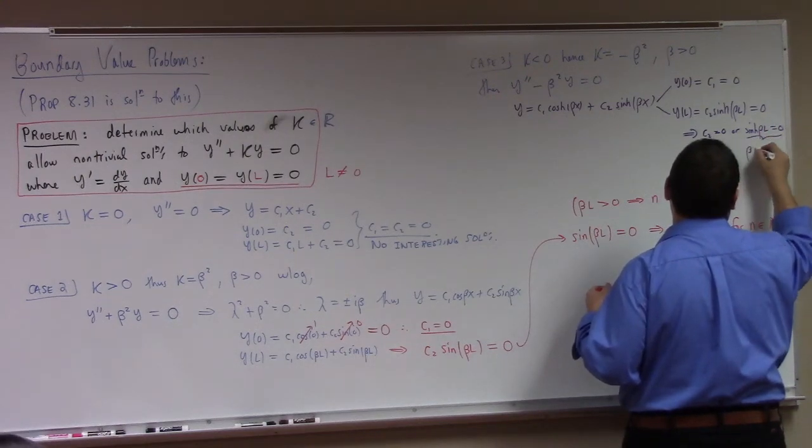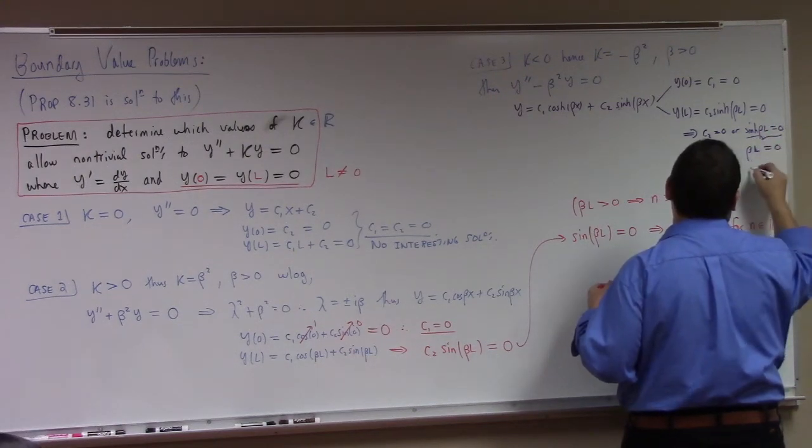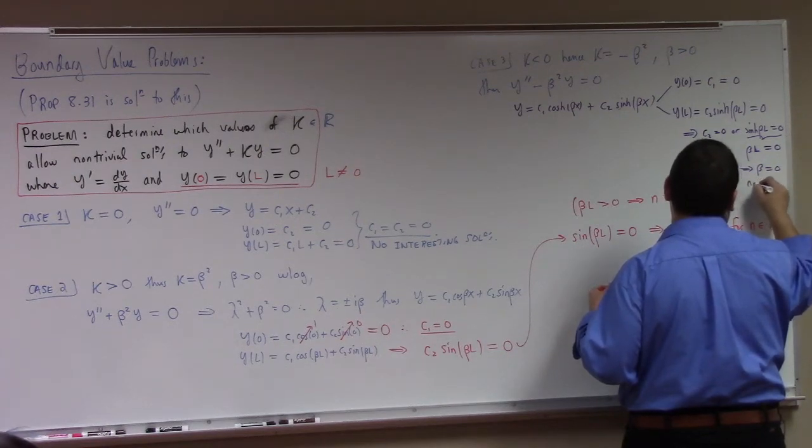But that says that beta L is equal to 0, which implies that beta is equal to 0, which is not possible.